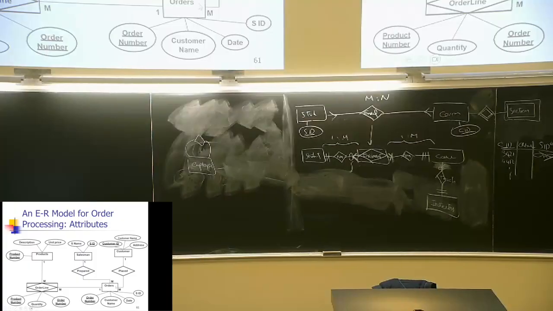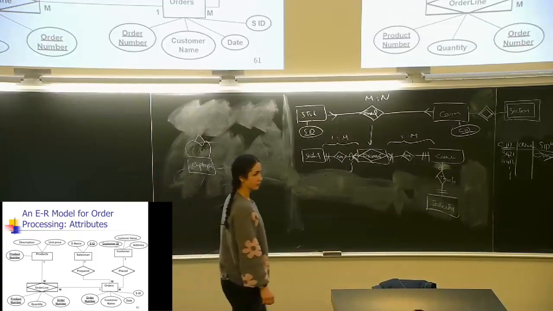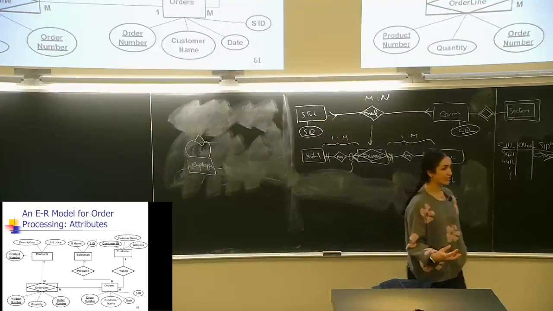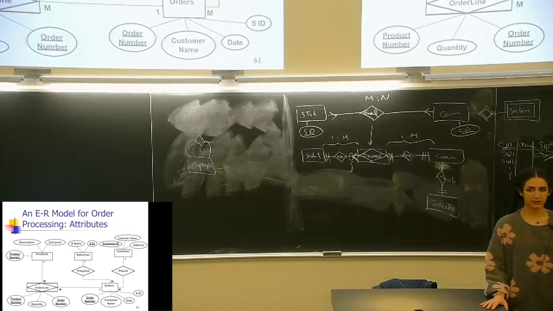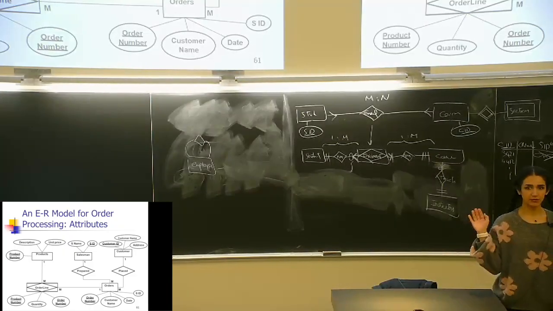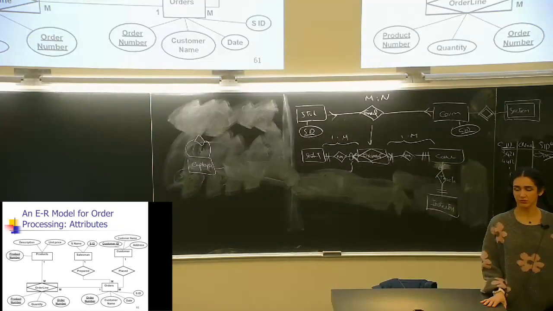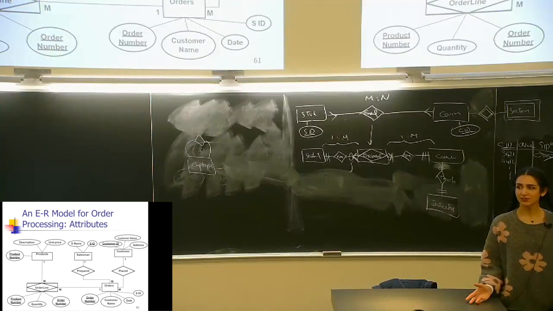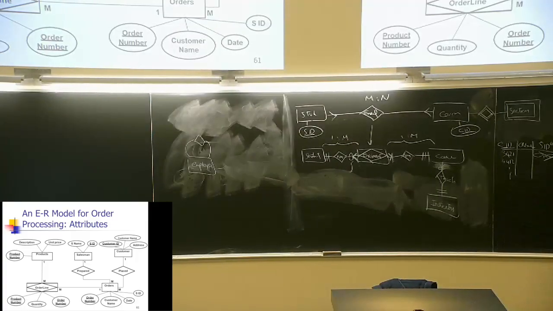Now, the relationship between order and product. What is the relationship type between order and product? This can be very helpful for your assignment 1, actually. It's very similar. One-to-many. Who said one-to-many?